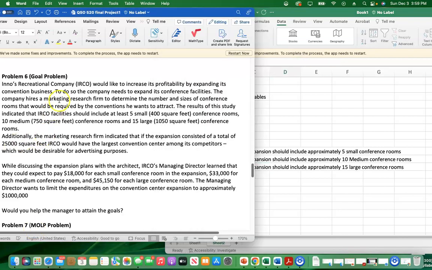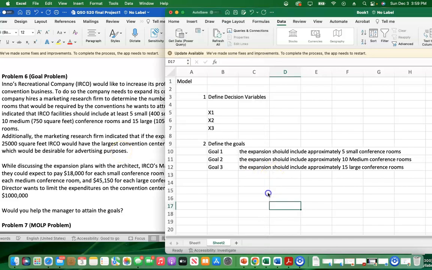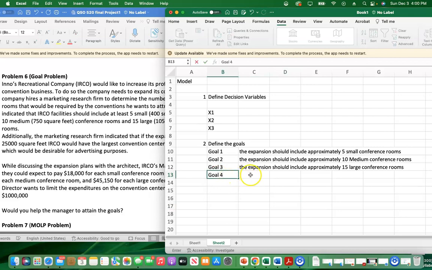We have another piece of information which says that the company could consider expanding to 25,000 square feet, which will make them the largest. That's another goal, and we can say goal number 4. In this case, the company would like to have approximately 25,000 square feet.